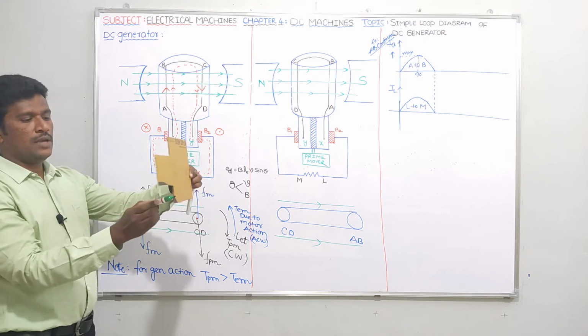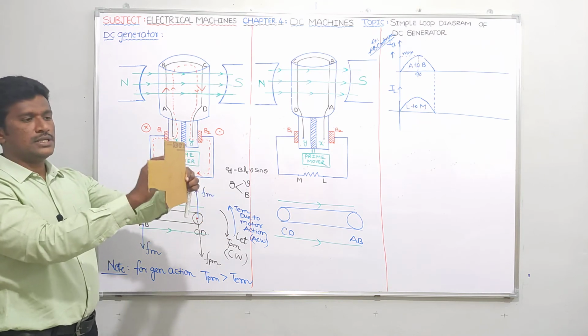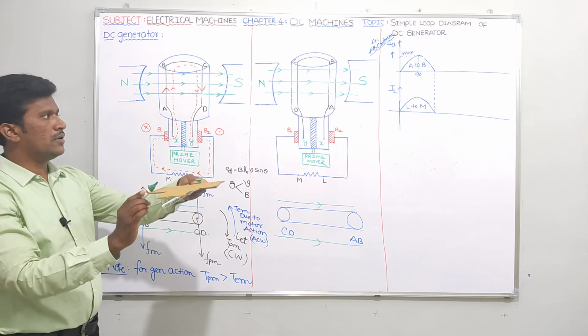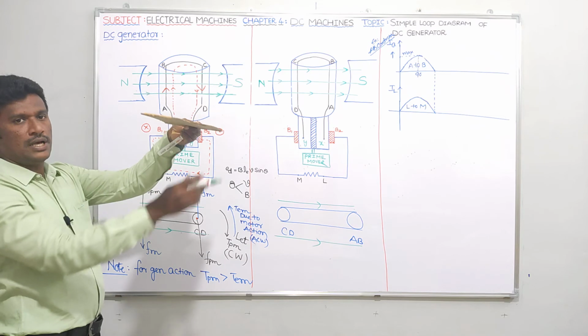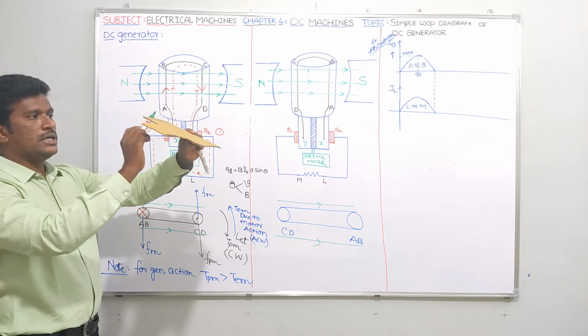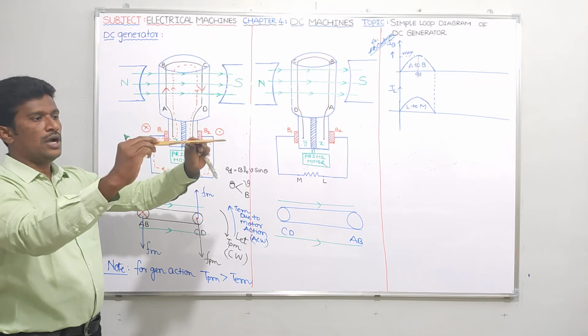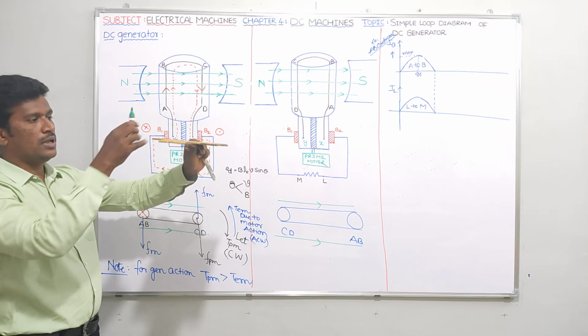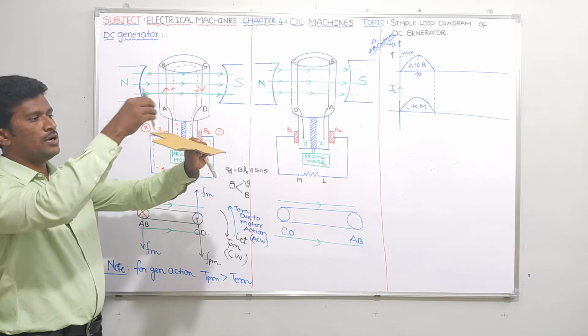After 90 degrees, AB is here, CD is here. Now after 180 degrees, CD is here and AB is here. If you rotate in clockwise direction, at the CD conductor the direction of velocity, the tangential motion, will be opposite. See, rotating, it is going upside.